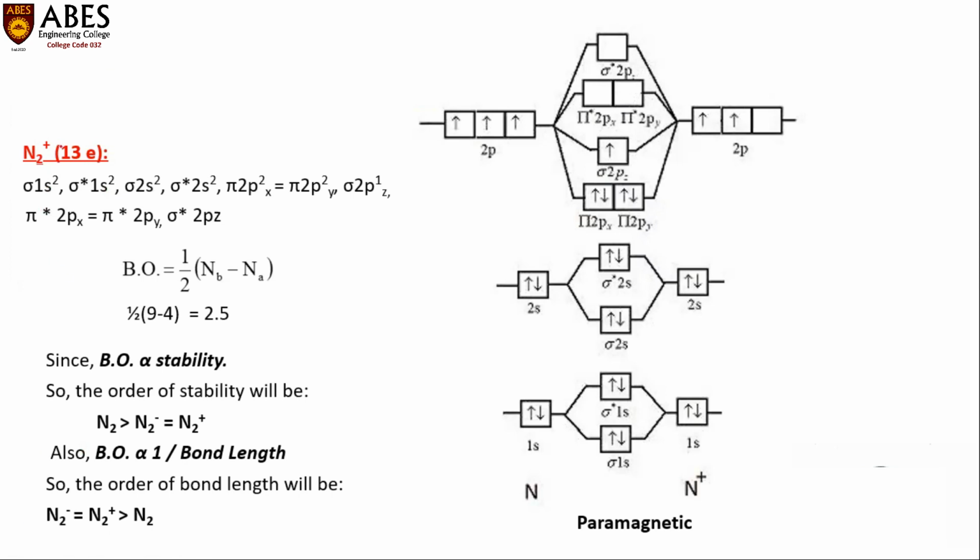Now we will discuss the nitrogen cation. It has 13 electrons, so the filling will be similar to the nitrogen molecule. The 1s and 1s atomic orbitals will combine and generate 2 new molecular orbitals. Then 2s and 2s orbitals again will combine and generate 2 new molecular orbitals, and then 2p and 2p will combine, which will generate 6 new orbitals.